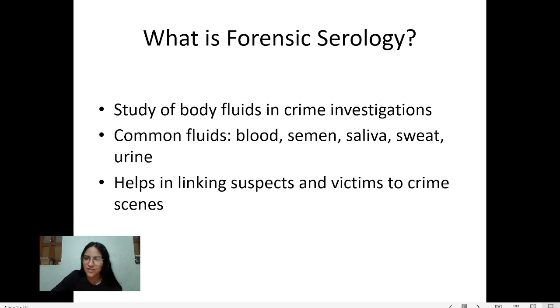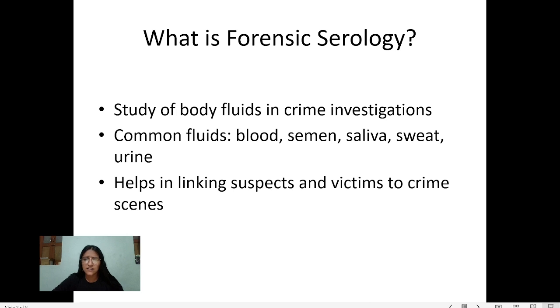What is forensic serology? Forensic serology is a part of forensic science that looks for and tests for fluids like blood, semen, saliva, and many more. Sometimes even sweat can be a biological fluid. It answers many questions in a criminal investigation.